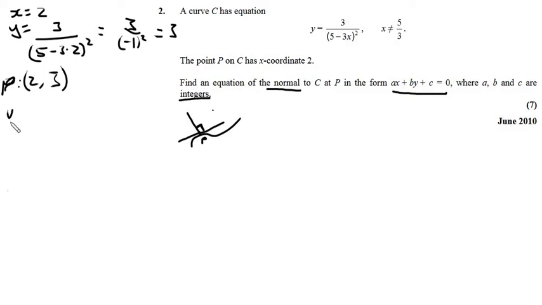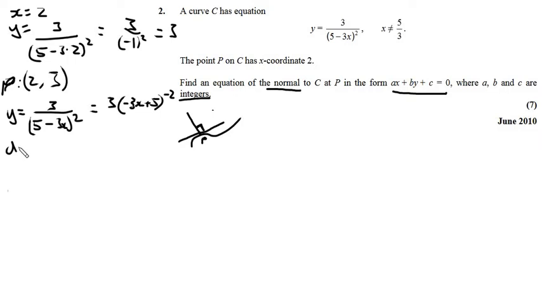So y equals 3 over 5 minus 3x all squared, which is the same as saying 3 times negative 3x plus 5 to the negative 2.